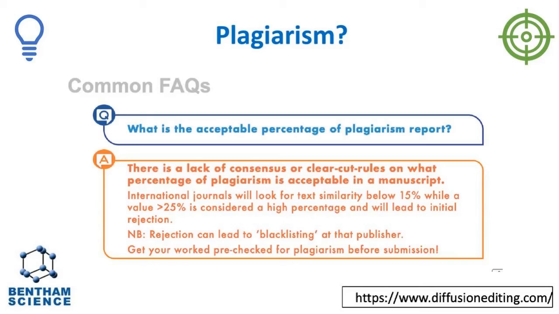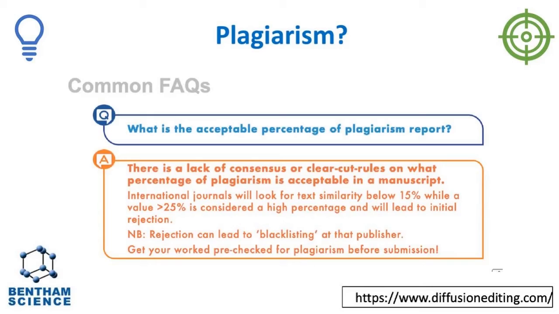So you are looking to do this probably, or you should be looking to do this before you submit to a journal. What's the acceptable percentage of a plagiarism report? Most journals are going to be looking for text similarity from a check less than 15%, but you would want to go really ideally for less than 10% in order to avoid rejection from that journal.